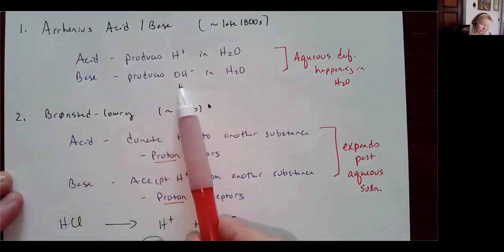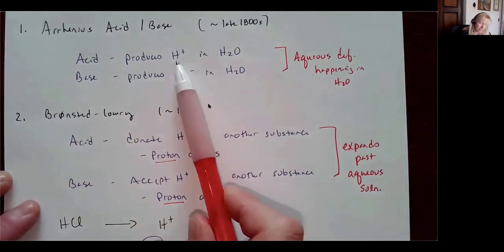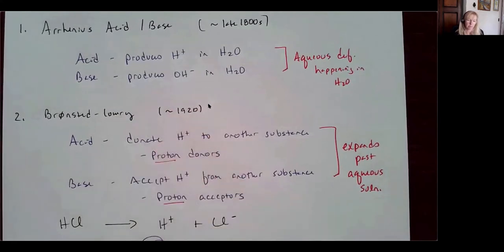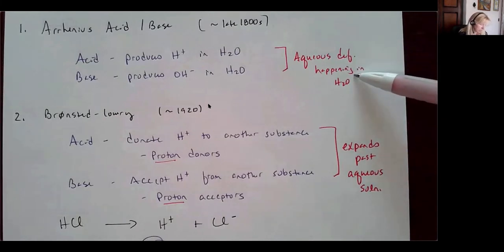A base is going to produce hydroxide ion. That hydroxide ion is going to react with the hydrogen ion to form water, so that's going to accept a proton. So all reactions that fit the Arrhenius definition will also fit the Bronsted-Lowry, but not all acid bases that fit the Bronsted-Lowry definition will fit the Arrhenius definition. So this is specific just to water.